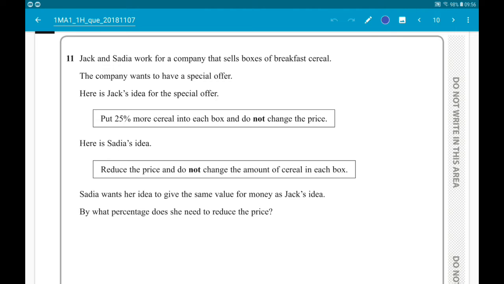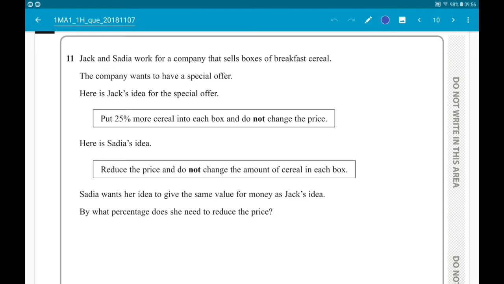So, put 25% more cereal into each box and do not change the price. Sadia's idea is to reduce the price and do not change the amount of cereal in each box.